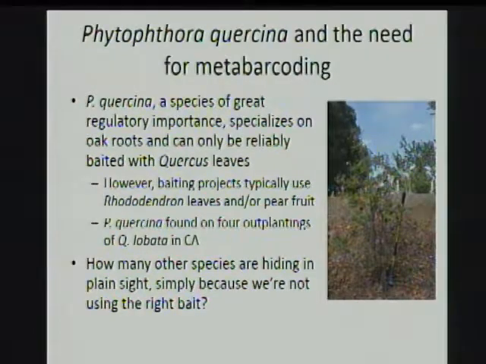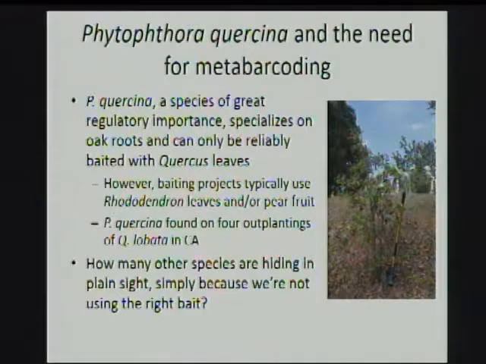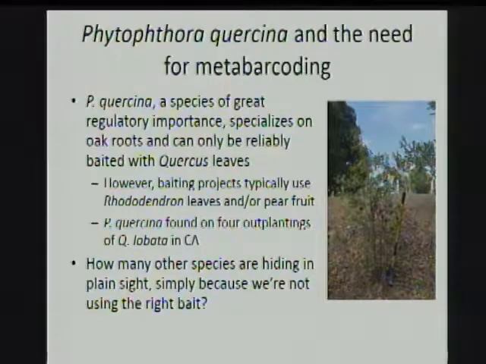And one example from the project that I worked on, the Rizzo lab with Phytosphere and SCVWD, was this really important species, Phytophthora quercina. We found it for the first time in North America in our project. It was number one on a list of species we hoped to keep out of the country. And the problem with Phytophthora quercina is it's one of these species that doesn't take a pear bait or a rhododendron leaf bait.